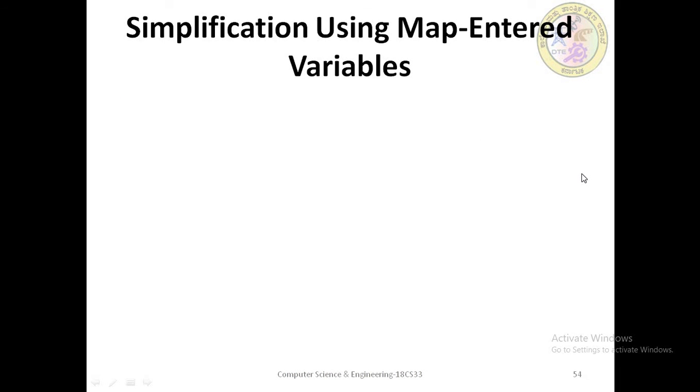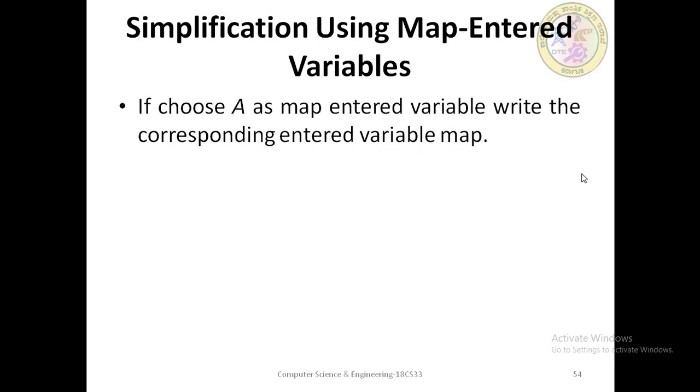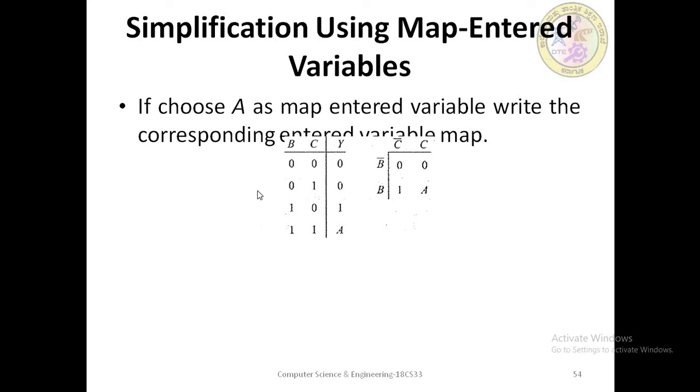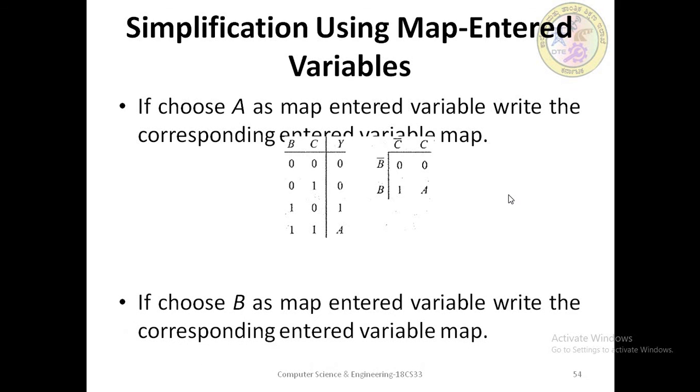One minute, you will understand once the Karnaugh map is visible. If we choose A as the map entered variable, then write the corresponding entered variable.